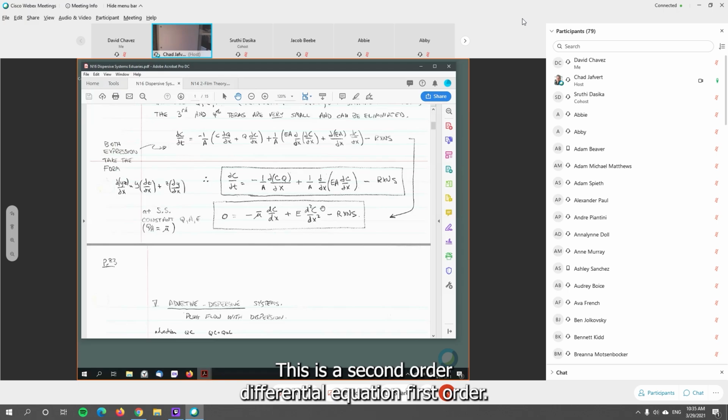This is a second order differential equation. So this equation's been solved. There's whole journals basically dedicated to problems like this. Mathematicians have a heyday with this equation because you can solve it by setting this equal to 0.